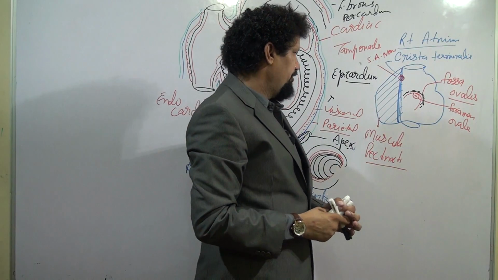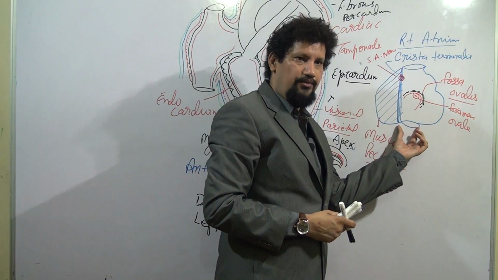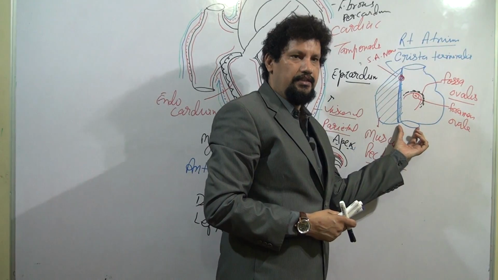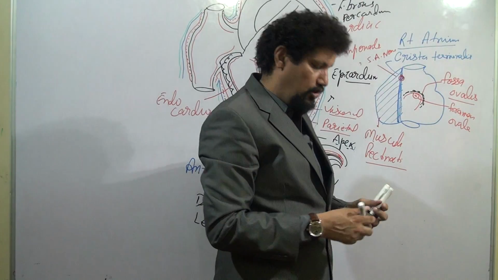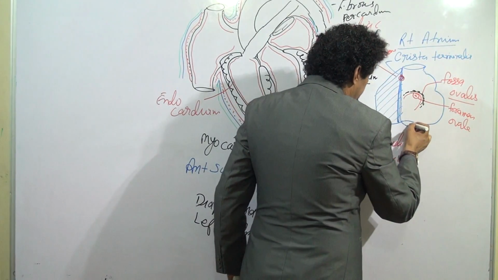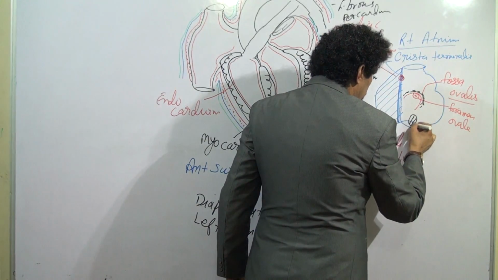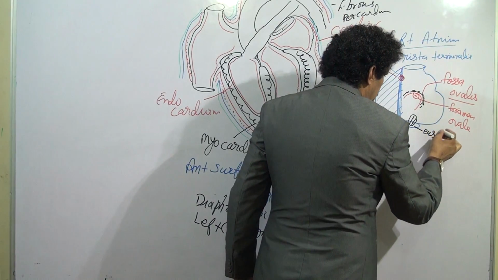So during embryonic life, this inferior vena cava is guarded by a wall known as the Eustachian wall.